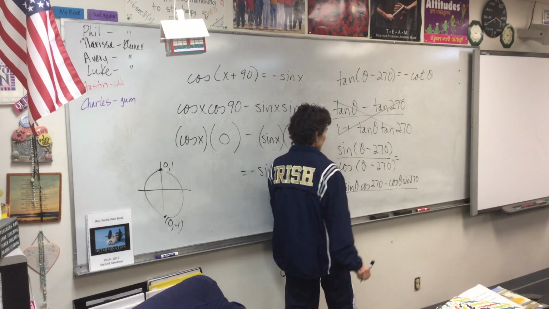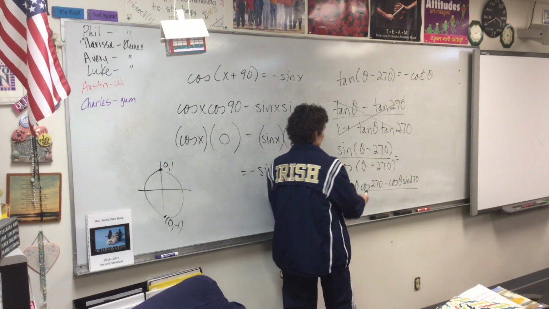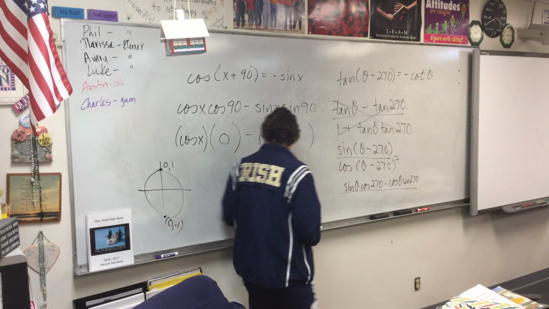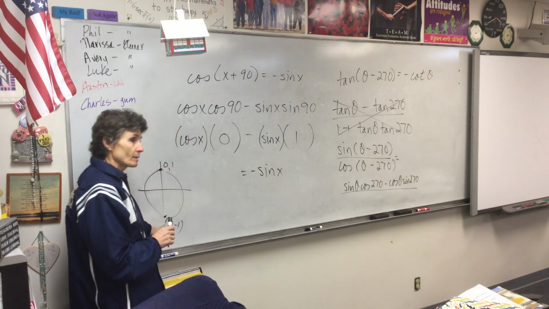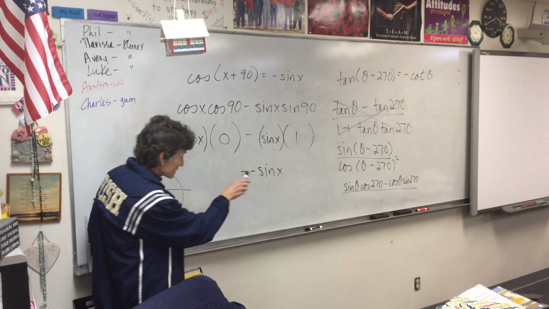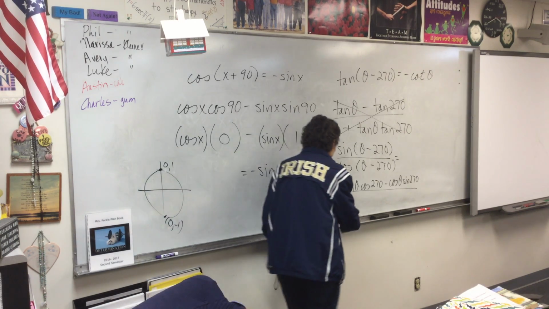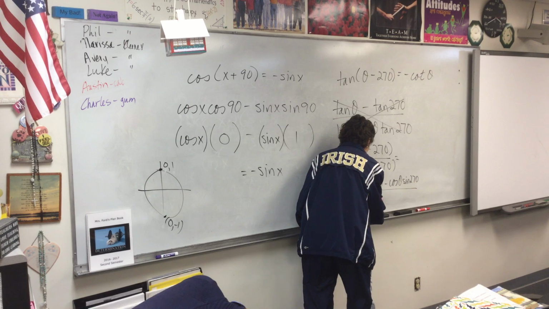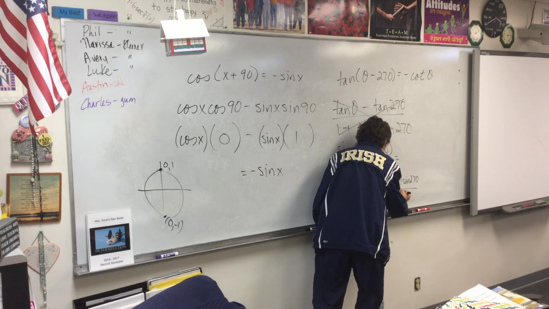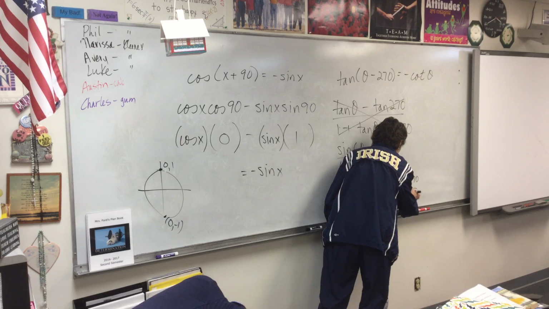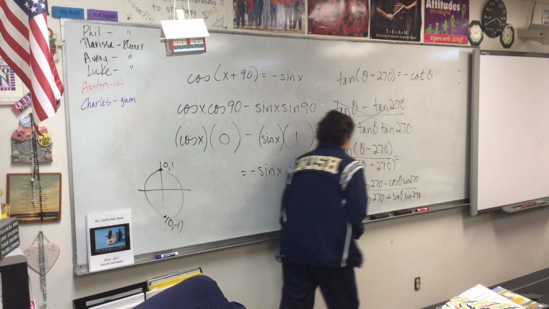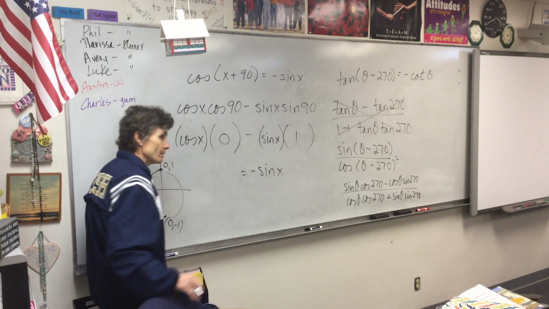Now you're saying, oh my gosh, Miss Ford, wait a minute. 270's right here, right? Am I going to be able to plug some numbers in there pretty easily? All right, and then in the denominator, I have cosine theta, cosine 270, plus sine theta, sine 270. All right, let's start plugging numbers in. What's the cosine down here?